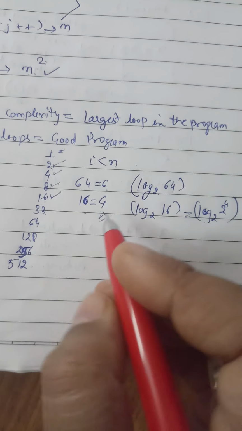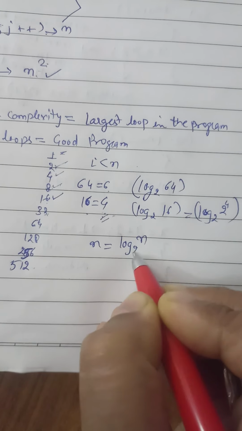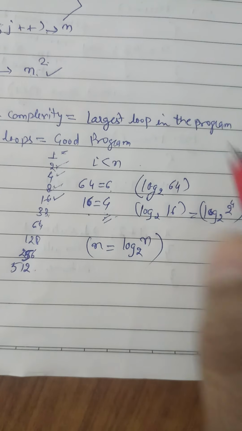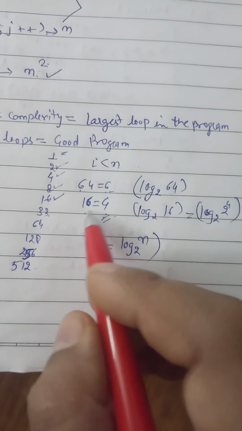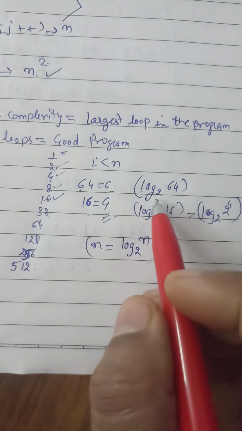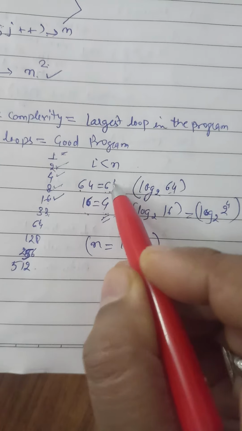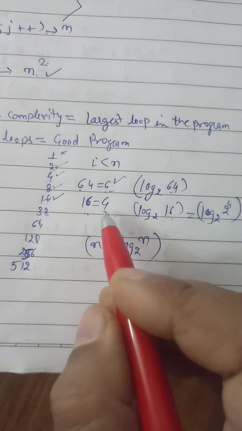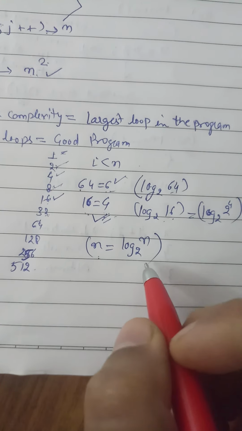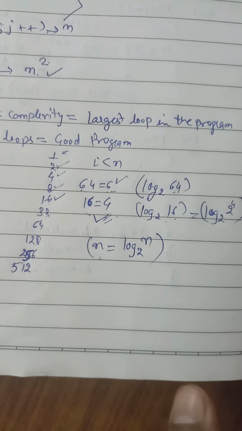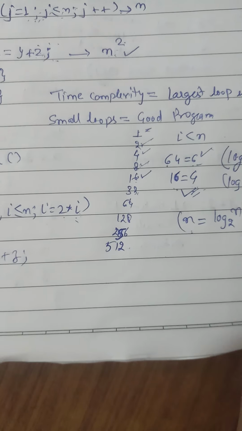So we can simply say that n is equal to log n base 2. For the value 64 it will run 6 times, for the value 16 it will run 4 times. So log base 2 of 64 is equal to 6 and log base 2 of 16 is equal to 4. So we can simply say the time complexity will be log n base 2.